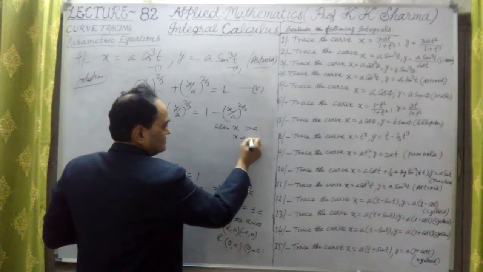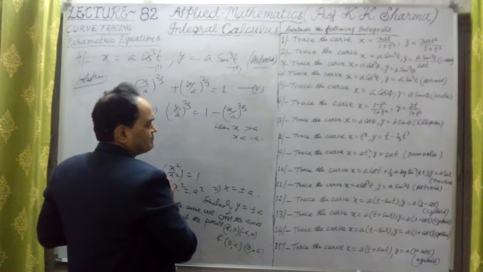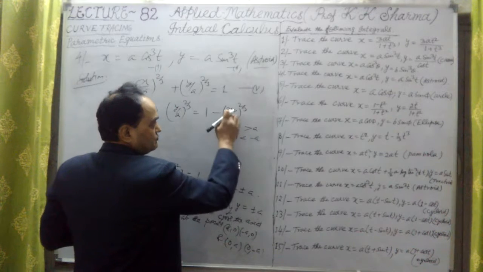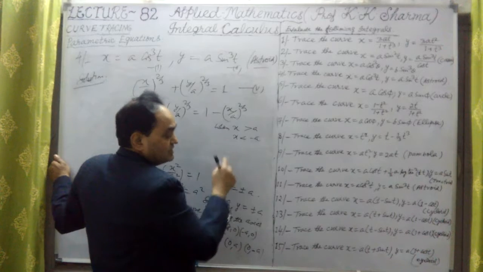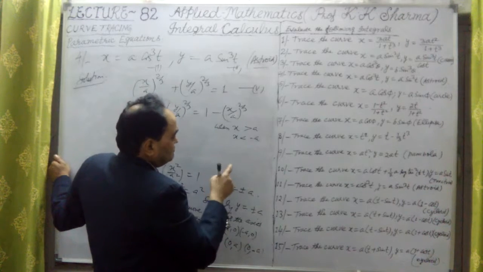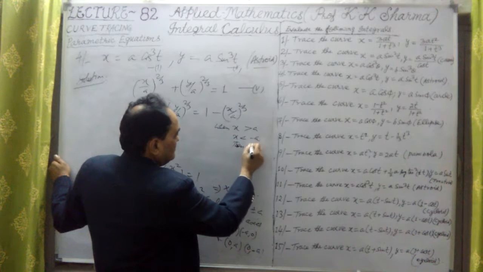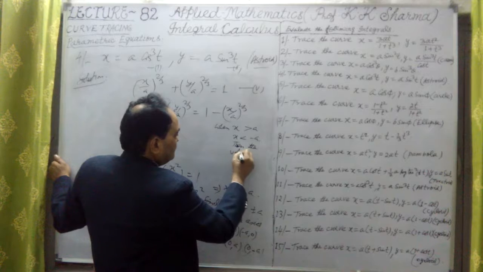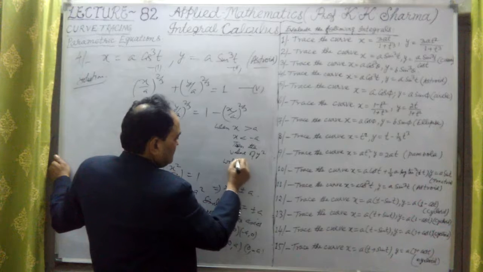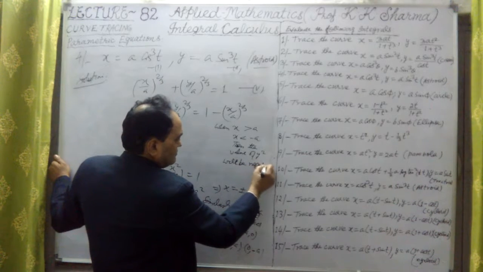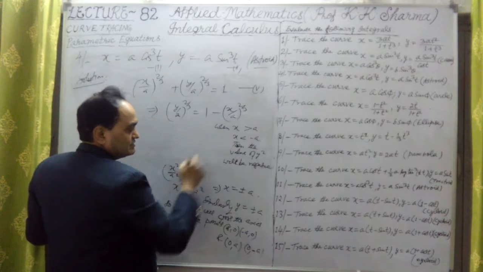If I put minus a, it is minus 1, but the whole square will be positive 1. When x is less than minus a, the value of y square will be negative. So the curve will not exist for x greater than a and x less than minus a.